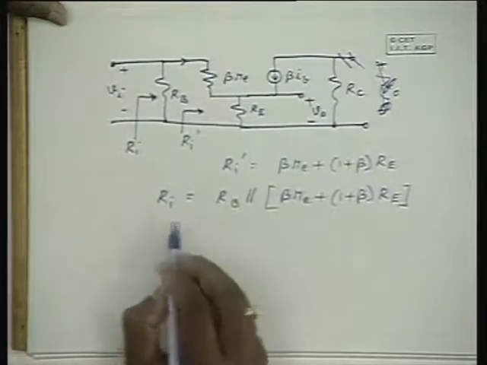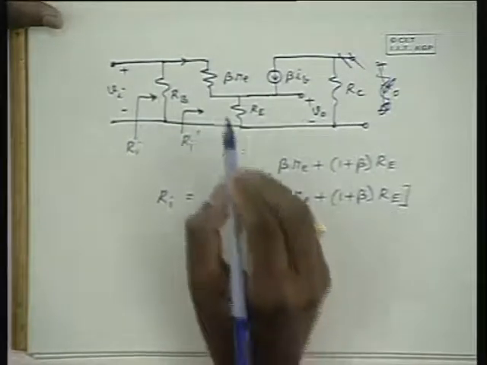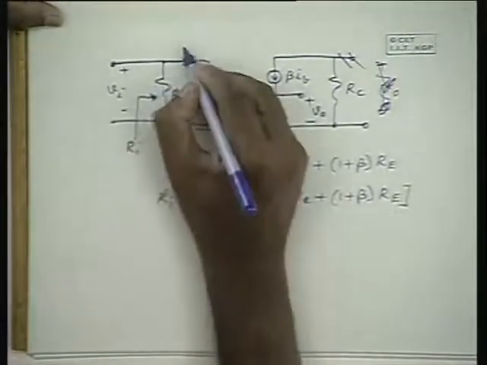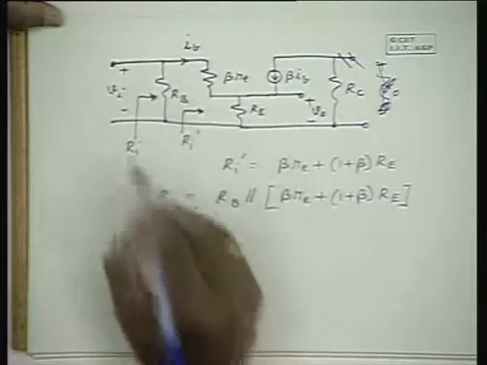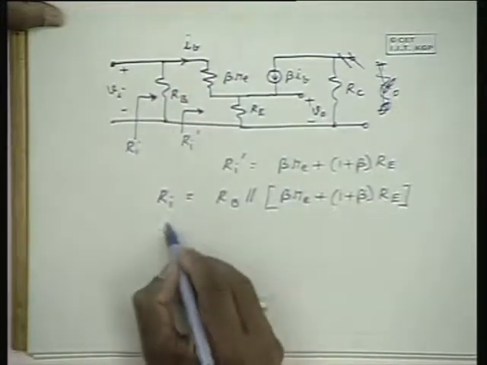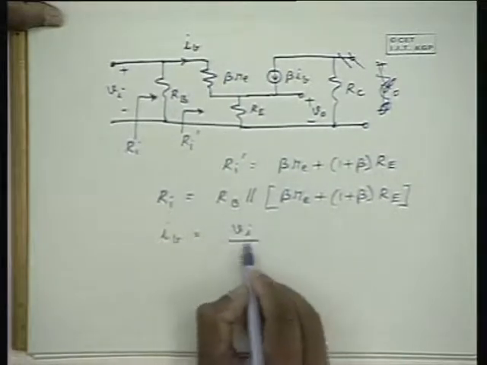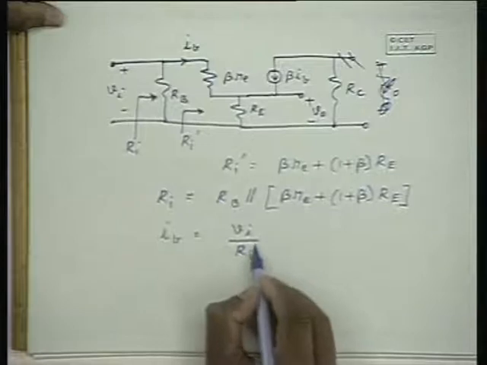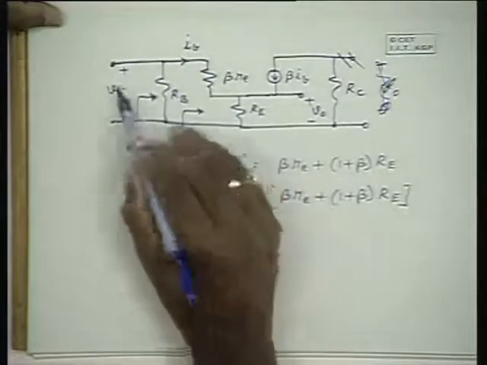Now, how much is the voltage gain in the circuit? When this is Vi, the base current IB is Vi by Ri dash. So that is this impedance, because this voltage is Vi.